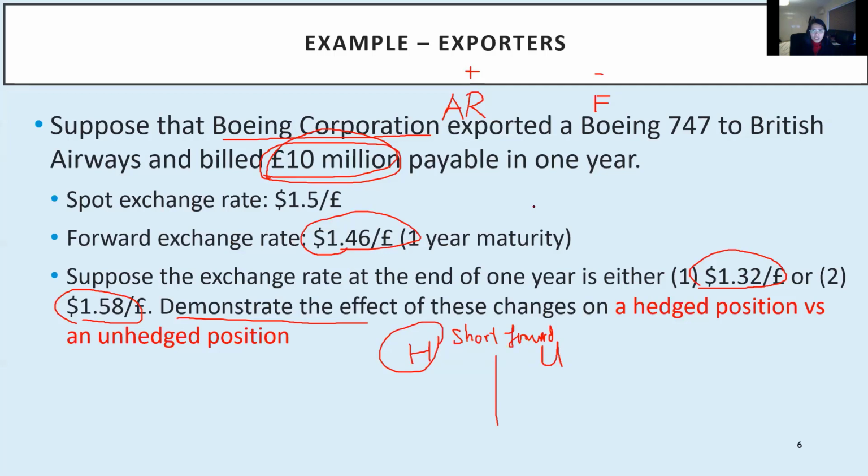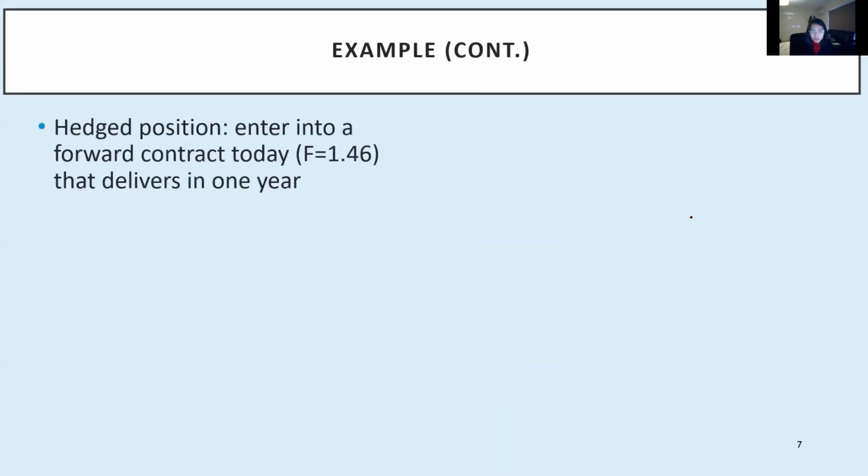So if that's the case, how would the future look like to me, right? With the hedge position, I'm going to enter into a forward contract today that delivers in 1 year. And with the unhedged position, I'm just going to do nothing today.